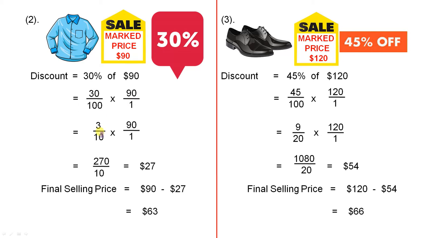That's simplified to 3 over 10 by 90 over 1. 270 over 10 is $27. So the discount is $27. The final selling price will be $90 minus $27, and that's $63.